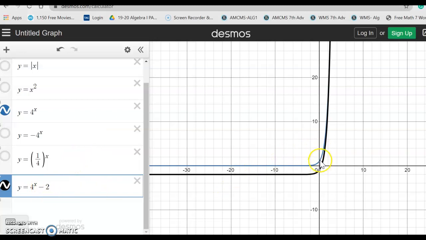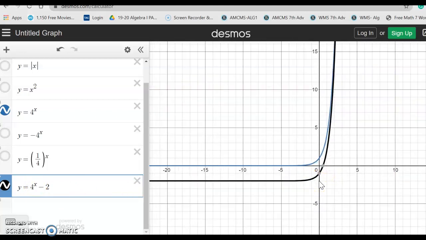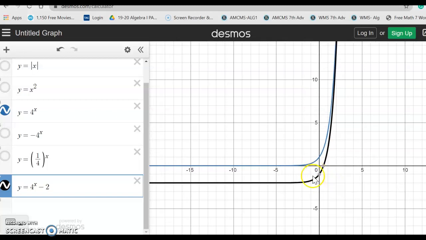So instead of my y-intercept being at 1, it is now at -1. My asymptote is now at, sorry, at -2. So it never will touch -2. If I scroll in, it is at -2. This moves your asymptote down.